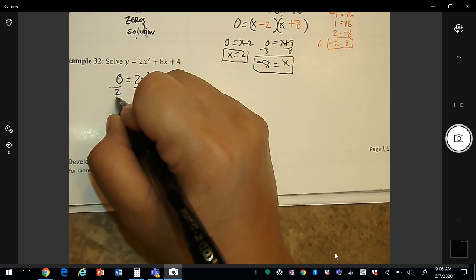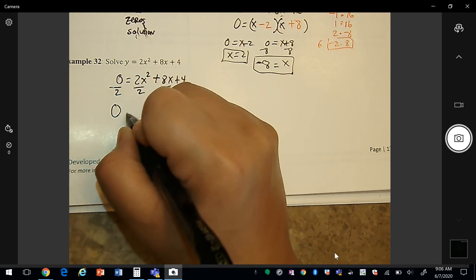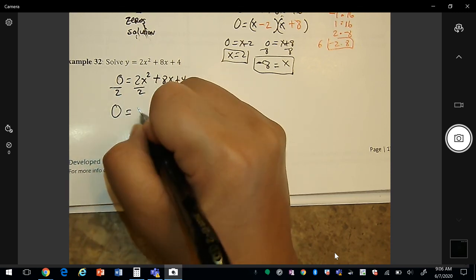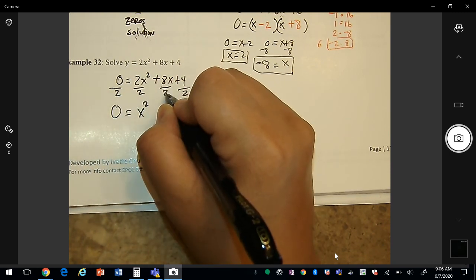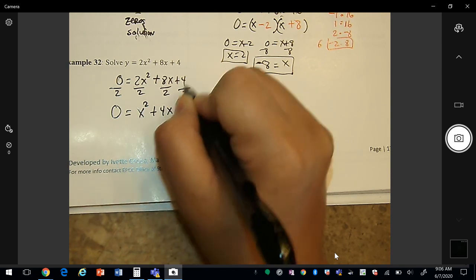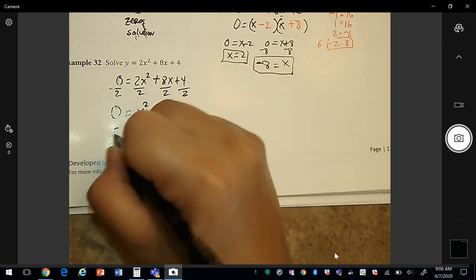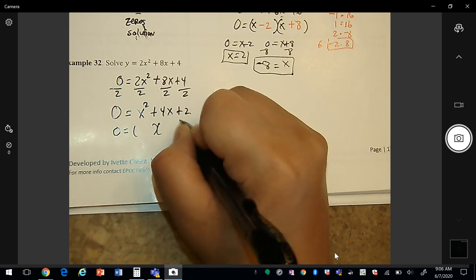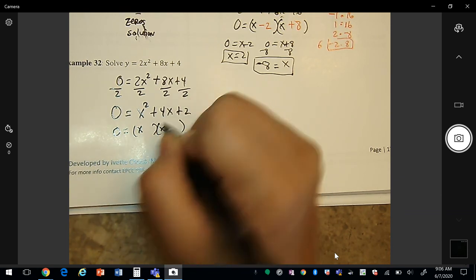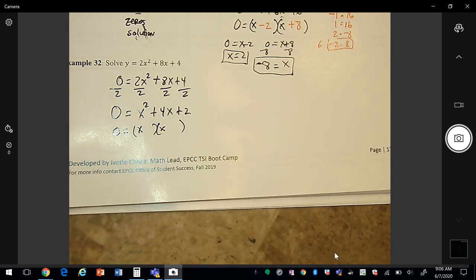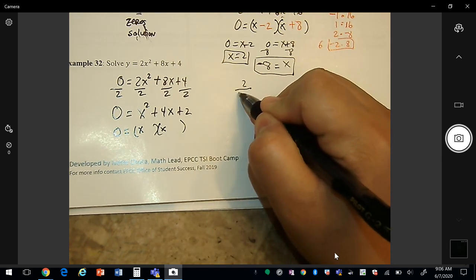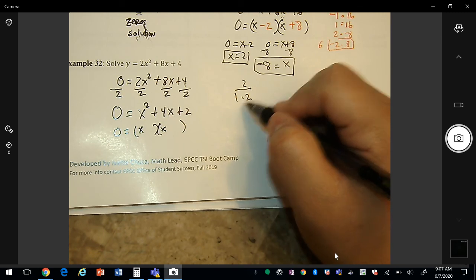So 0 divided by 2 is 0. 2 divided by 2 is x squared. 8 divided by 2 is 4. And 4 divided by 2 is 2. And that makes things easier to factor, if it's possible. So here we have a 2. 1 times 2 is 2.